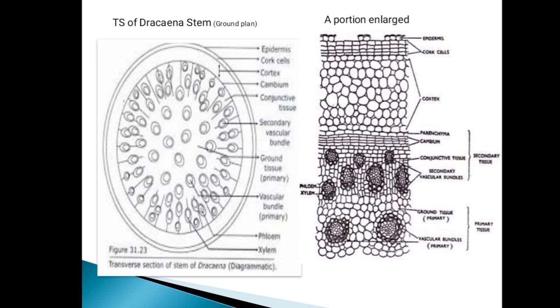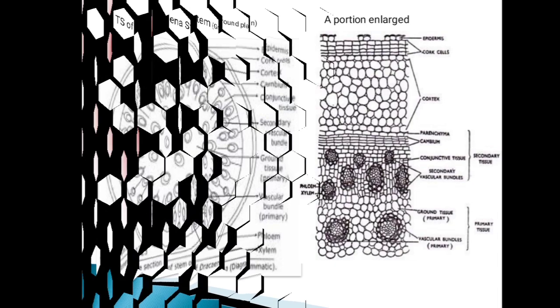In the enlarged portion, you can make out the epidermis followed by cork cells, followed by cortex, and that is followed by parenchyma, cambium, conjunctive tissue, wherein you can make out the secondary vascular bundles, and down you can see the ground tissue having primary vascular bundles. Likewise, you can make out the primary tissues and the development of secondary tissues. So this is what we have with respect to anomalous secondary growth in Bhairava and Dracaena.